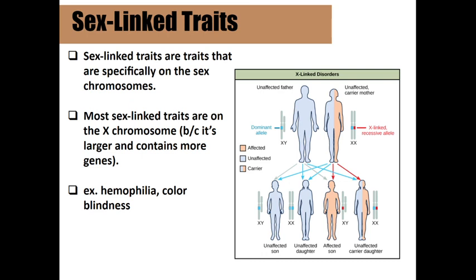Now, sex-linked traits are traits that are specifically on the sex chromosomes. So most sex-linked traits are on the X chromosome because it's larger and contains more genes. So an example of this is hemophilia and color blindness. Those are sex-linked traits.